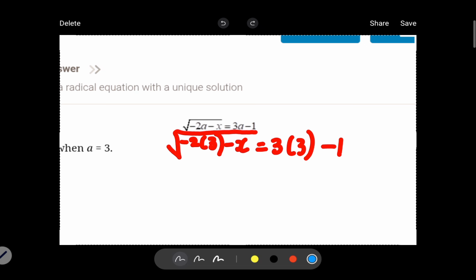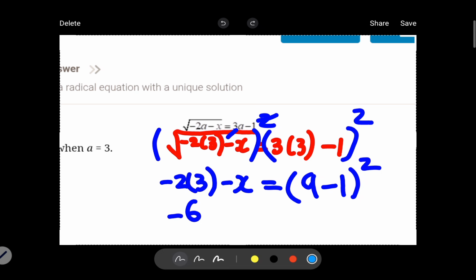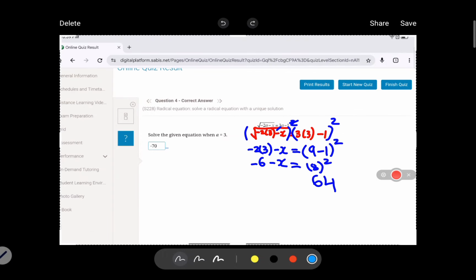Okay, so I want to get rid of the radical, so I just square on both sides. So here it will be negative 2, 3 minus x equals to 9 minus 1 to the power of 2. Okay, so this will be negative 6 minus x equal to 8 to the power of 2 is equal to 64.